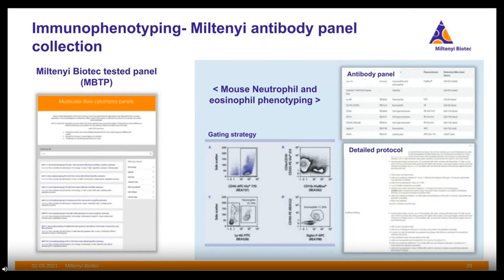And then you can expect to see how to set up a gate to define certain cell subsets. And of course, it comes together with a detailed staining protocol so that you can just directly copy this protocol. And we hope that with this panel collection, which we are also continuously growing, this can support the scientific community with their further studies.